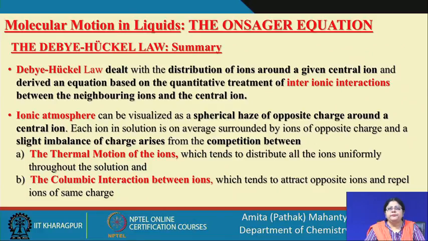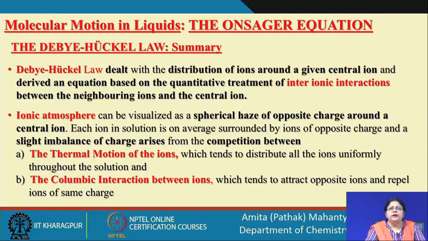So, in the summary, what we had done in the last class was looking into the mean ionic coefficient of the electrolytes having a dependence on the square root of the ionic strength, and that was the basis of the Debye-Huckel law.